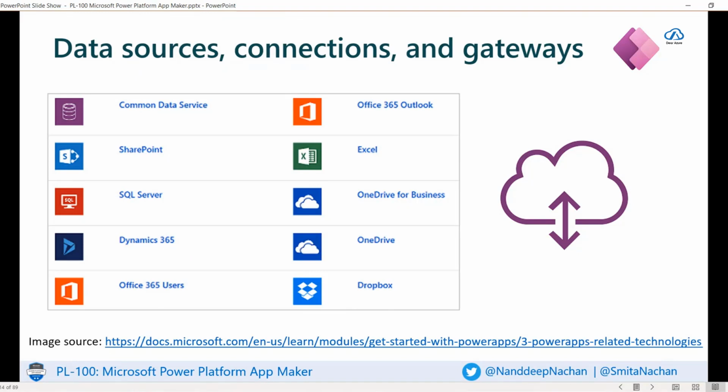In Power Apps, you can add many data sources to your apps through built-in or custom connectors. For data that is stored on-premises instead of in the cloud, you can use a gateway to provide a reliable connection between Power Apps and your data source.